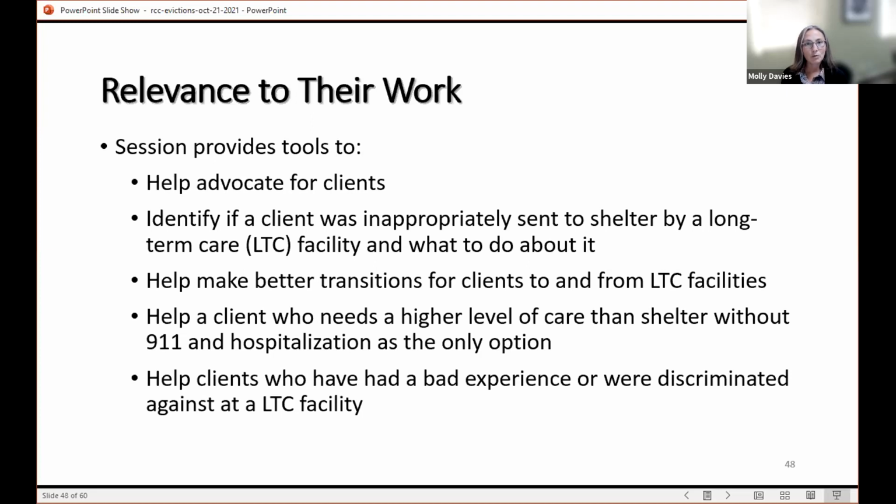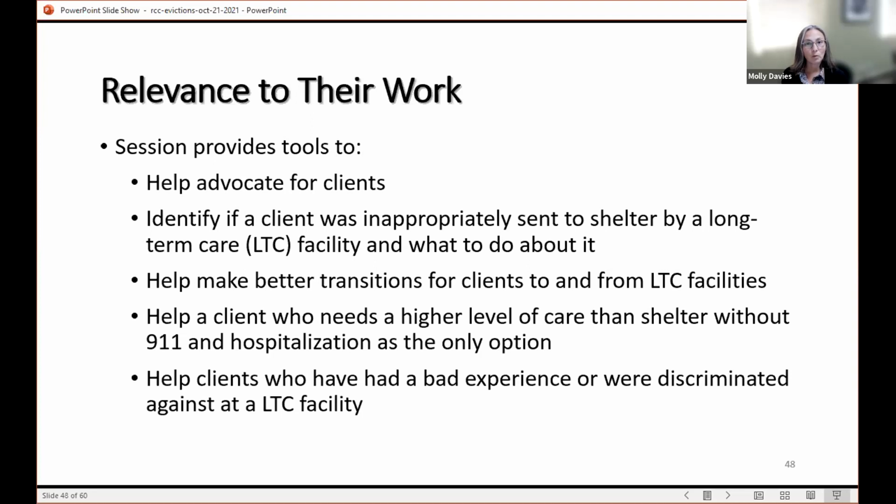So if a homeless shelter received somebody from a facility that they really couldn't care for because they had care and supervision needs, they had medical needs, what they would do is they would call 911. That creates another transition that of course we were also trying to avoid during COVID, not have inappropriate transitions to hospitals, if at all possible.